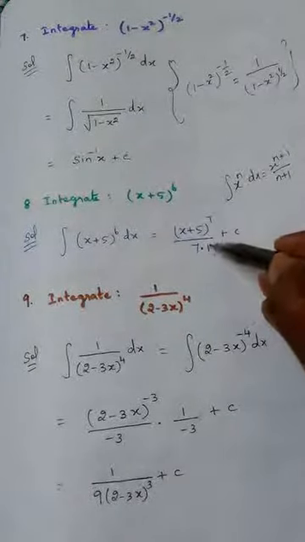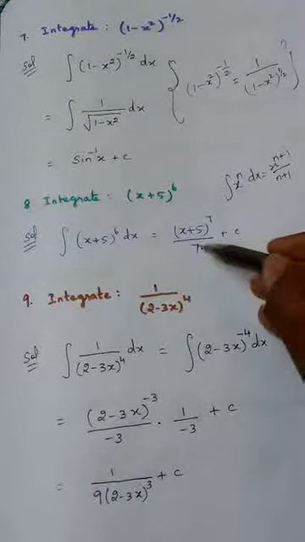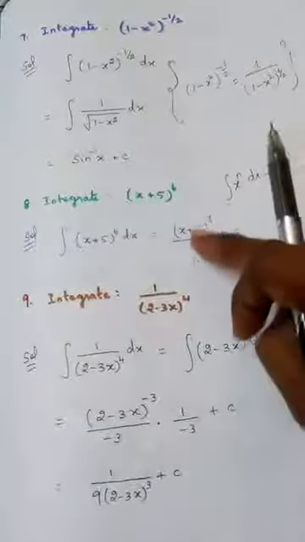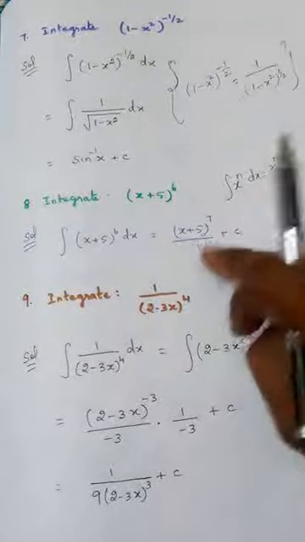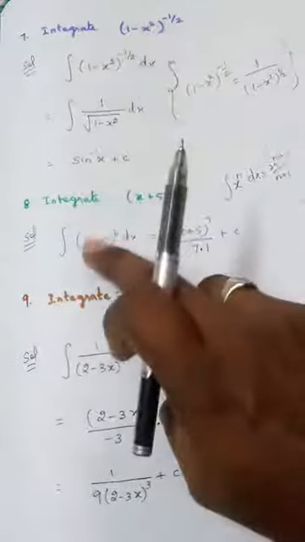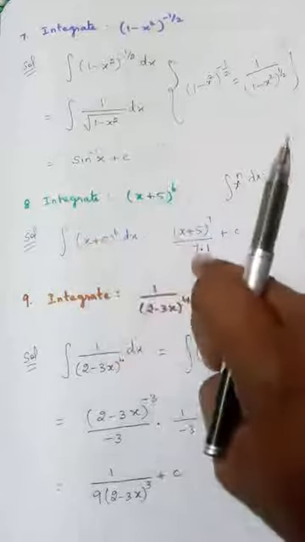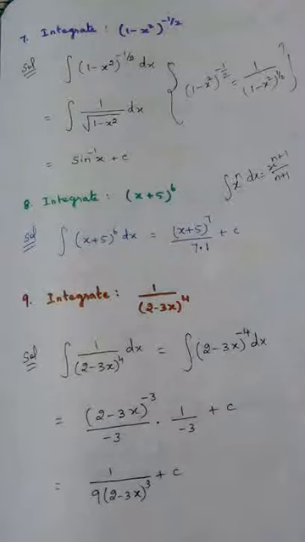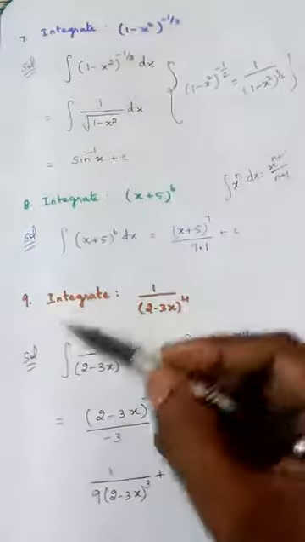I need not write that in the denominator; even if I write 7 into 1, 7 only remains. So (x plus 5) whole power 7 by 7 plus c is the answer. But I should write into 1 because I should differentiate this again and write that answer in the denominator. We will understand this concept clearly in the next sum.